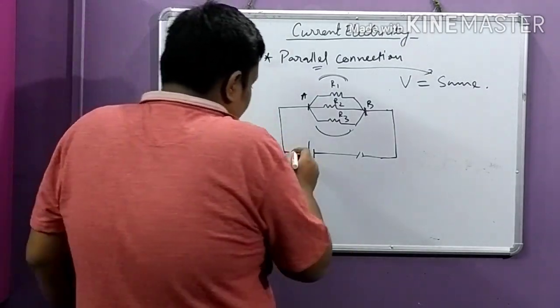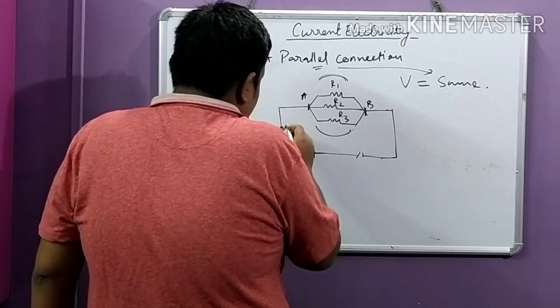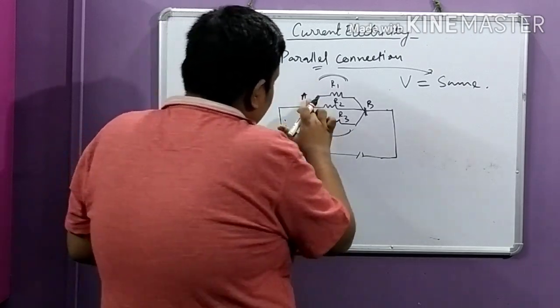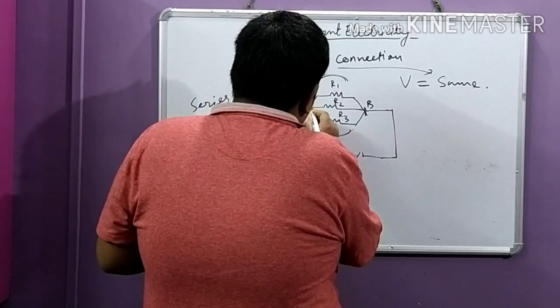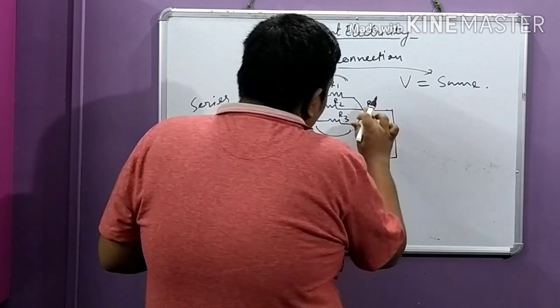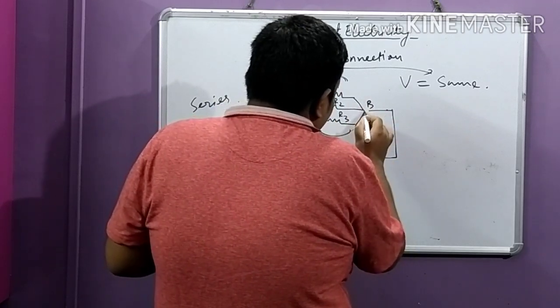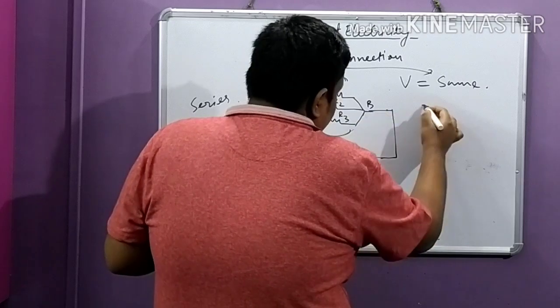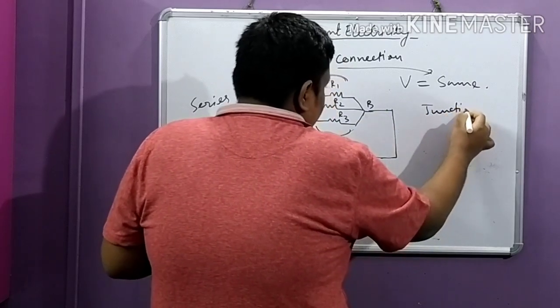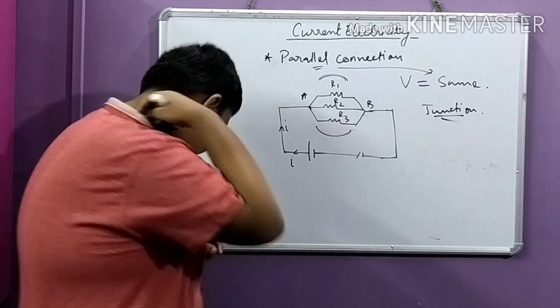Now whatever current will flow for the circuit, at this junction where the wires meet together, where many wires meet, the point is called a junction. Mind it, we will get these things in class 12.